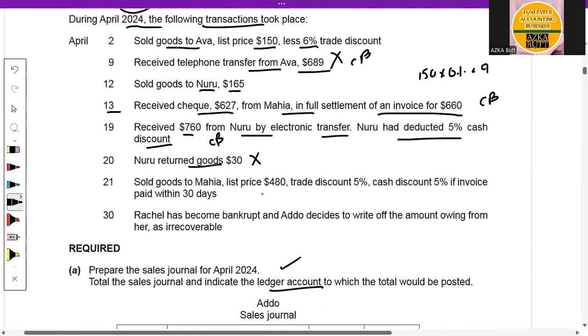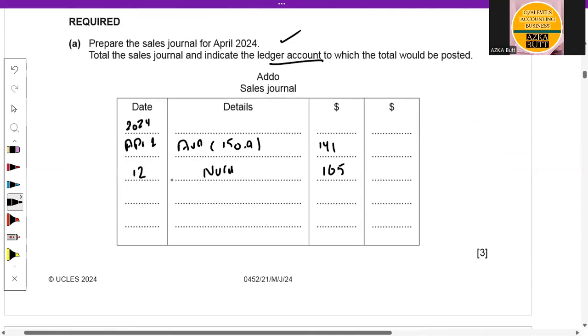Sold goods to Mahira. List price is 480. Trade discount is 5%. Cash discount is 5% if invoice paid within 30 days. So sold goods to Mahira, and trade discount is 5%. So 480 multiplied by 5% is 24. Now we have to record it here on 21.